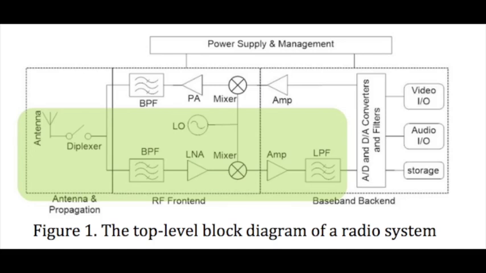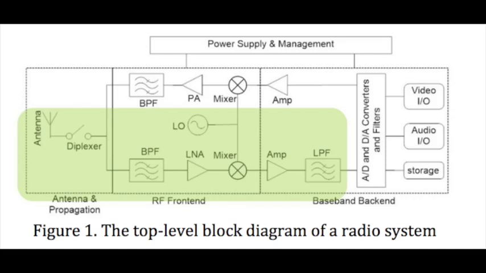The normal amplifier that appears before the low pass filter is a normal voltage amplifier, which is used for low frequency signals.